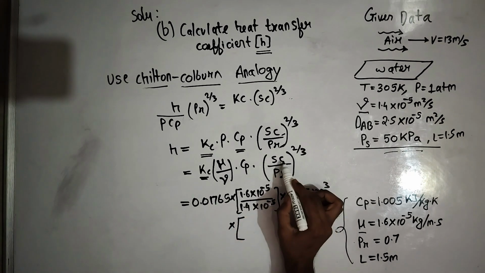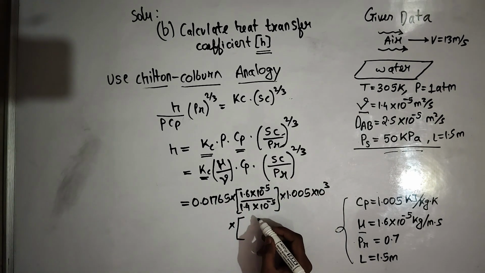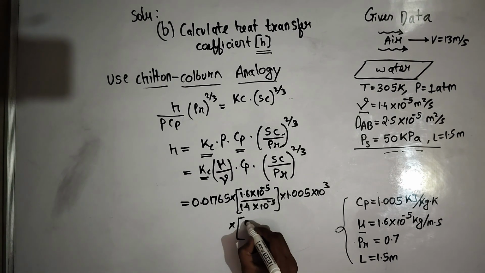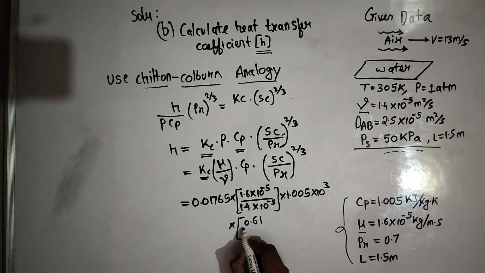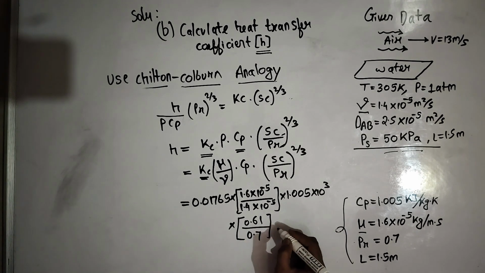Schmidt number we have also calculated, which comes out to be 0.61, upon Prandtl number given as 0.7, to the power 2 by 3.